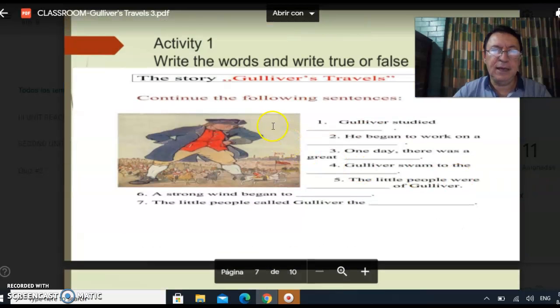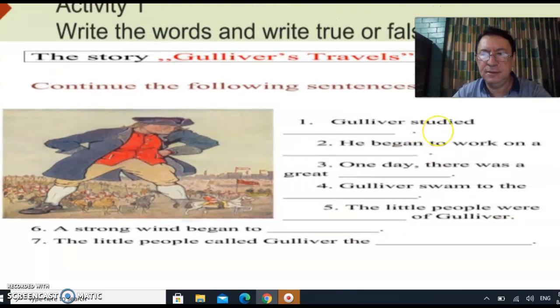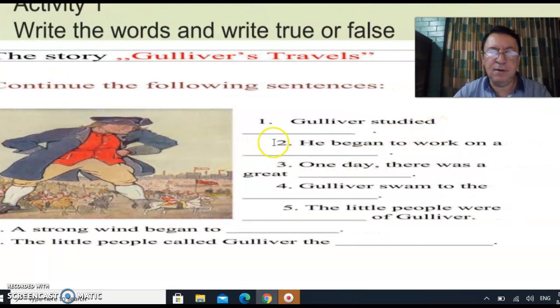Then, in the second activity, you have to complete the sentences. Number 1, Gulliver studied, and complete what he studied. Number 2, he began to work on a. Number 3, one day there was a great.